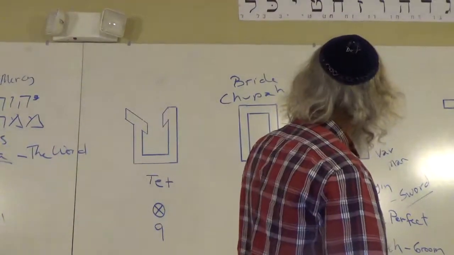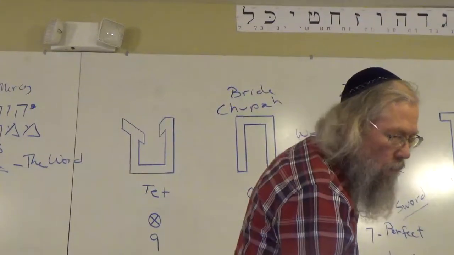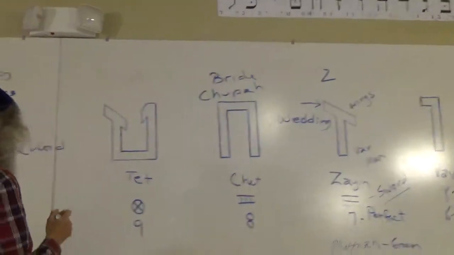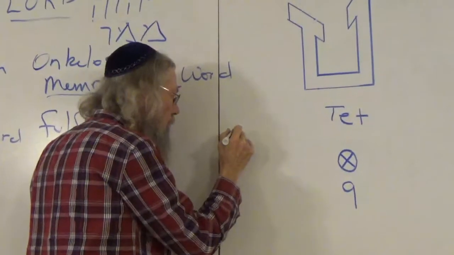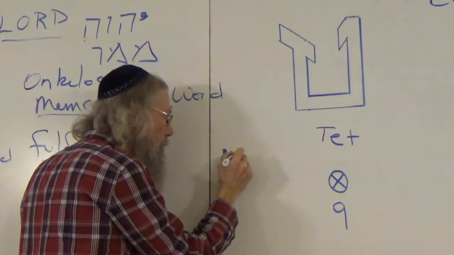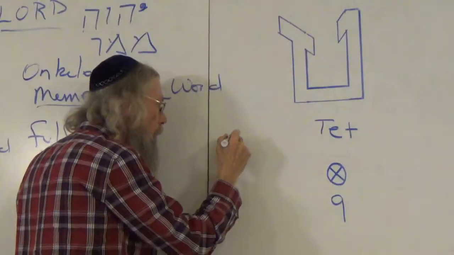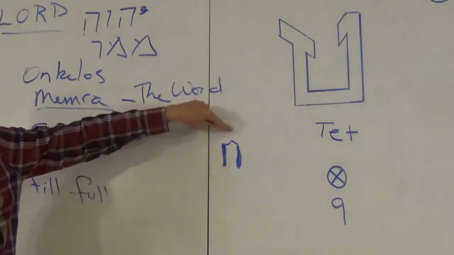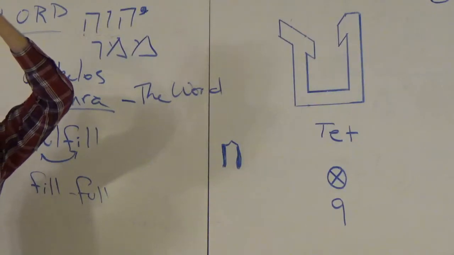In fact, in fancy Hebrew script, the chet actually looks like that. You see that? Like a little tent. Because the chet is the chuppah.